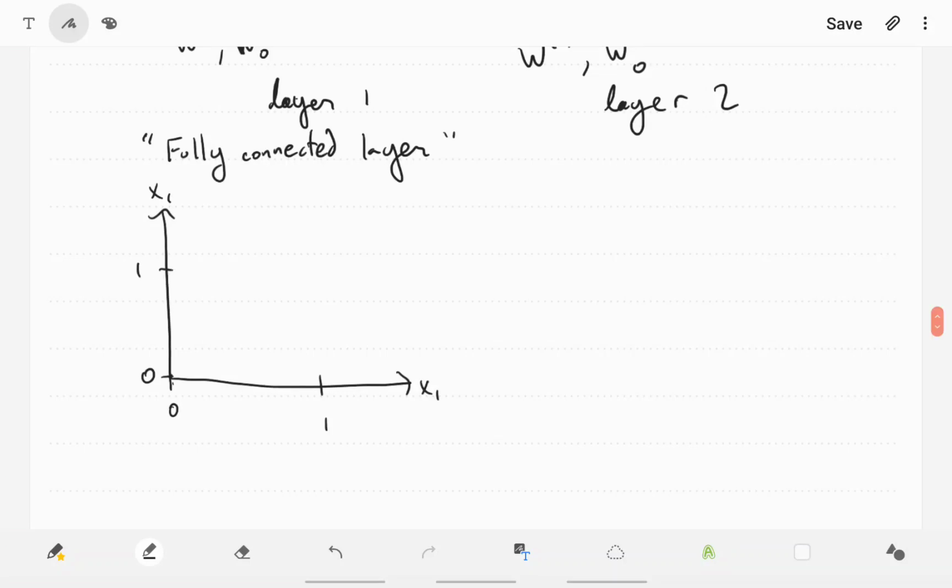One here. And the data set looks like it has 1s here, and it has 0s here. Right? Then what we're going to do is choose a simple architecture which just has x1, x2, and 1 as its inputs.